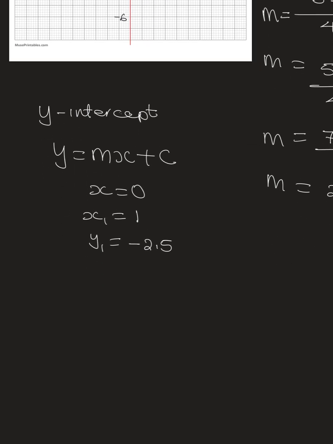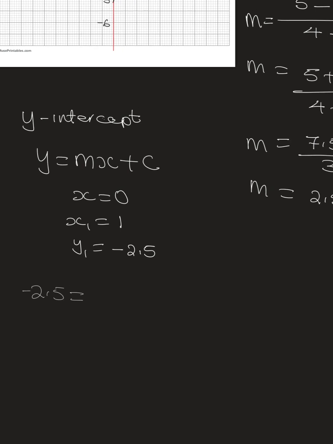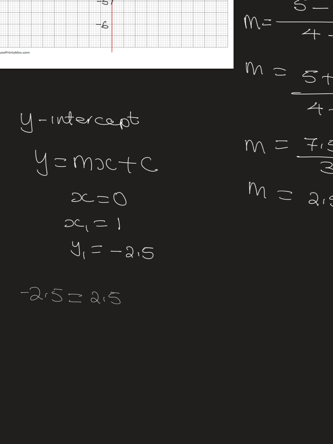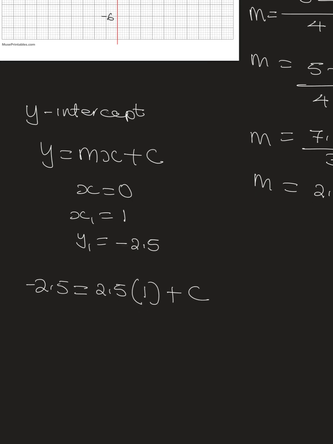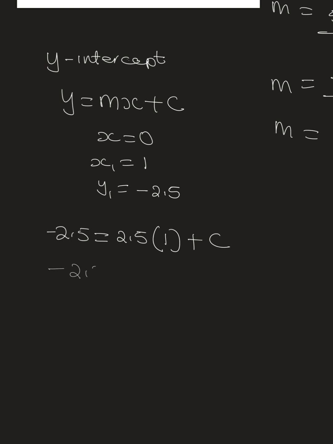So if we use y equals mx plus c, then minus 2.5 is equal to the gradient, 2.5, times x, which is 1, plus c. We'll have minus 2.5 is equal to 2.5 times 1, which is just 2.5, plus c.